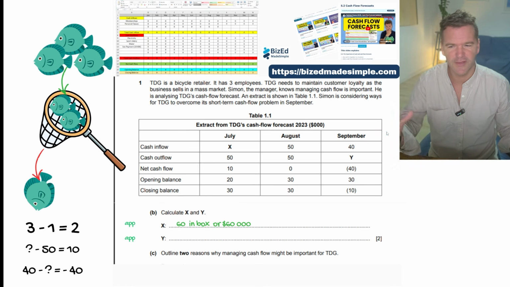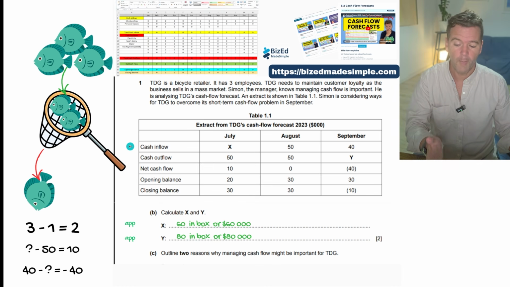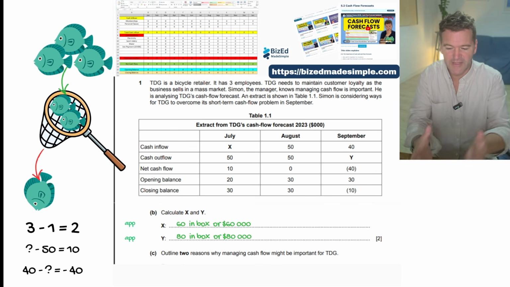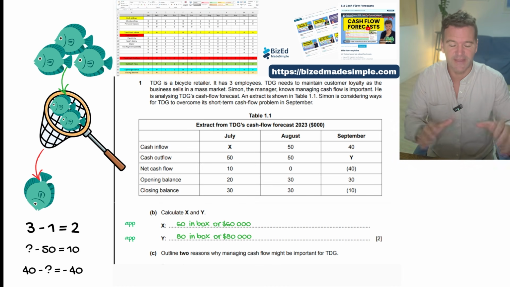So he must have had reserves of fish in his net in my stupid story. But we can do that, we look at it, we've got some confidence, and therefore the answer is 80. Just double check that again then, 40 minus 80 equals minus 40. And that is it. There's 2 marks. It's 100% right. You can see it by double checking by doing that little method. It's right. That's it for this video.